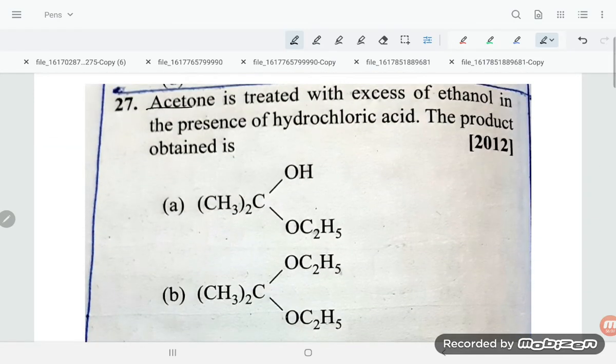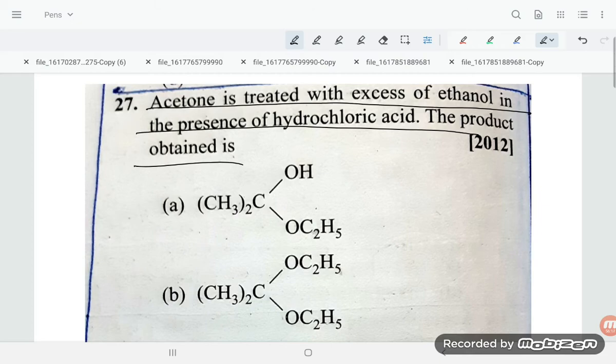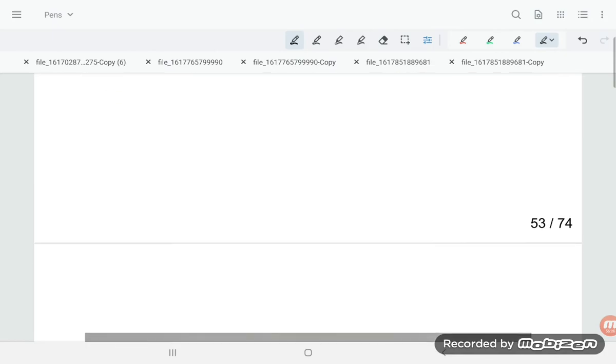Next one, acetone is treated with excess of ethanol in the presence of hydrochloric acid. The product obtained is, okay, so you are treating with the excess of ethanol. So let us try to find out the product, students. We have acetone, CH3, C double bond O, and CH3, and you are treating with C2H5OH, right?